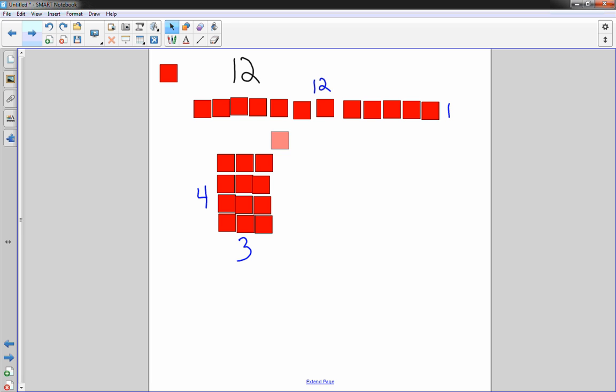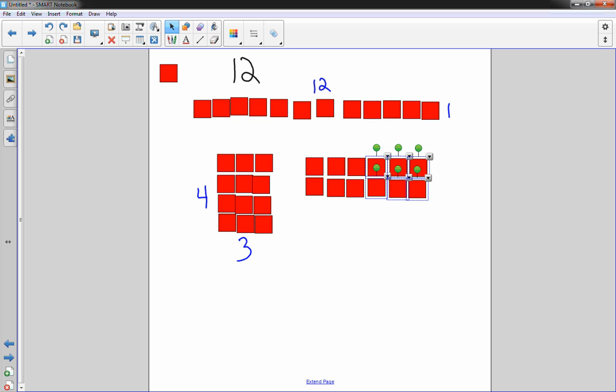And one last way to build a rectangle with 12 tiles is 2 by 6.